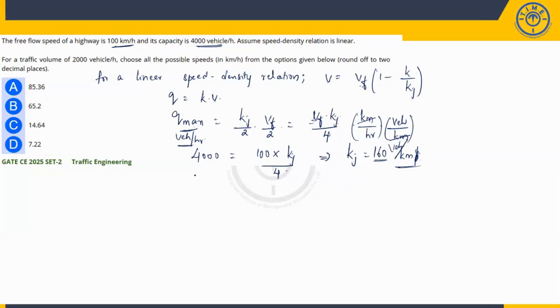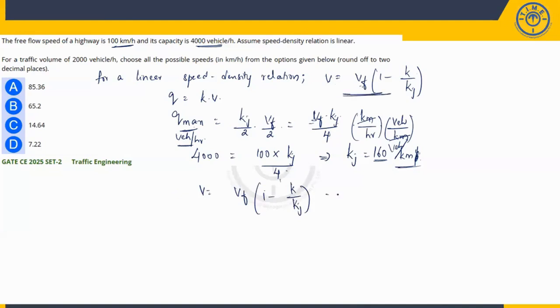Now we got the value of Kj, my dear students. Now as we discussed, V equal to Vf into 1 minus K upon Kj. This is the speed density relation model.